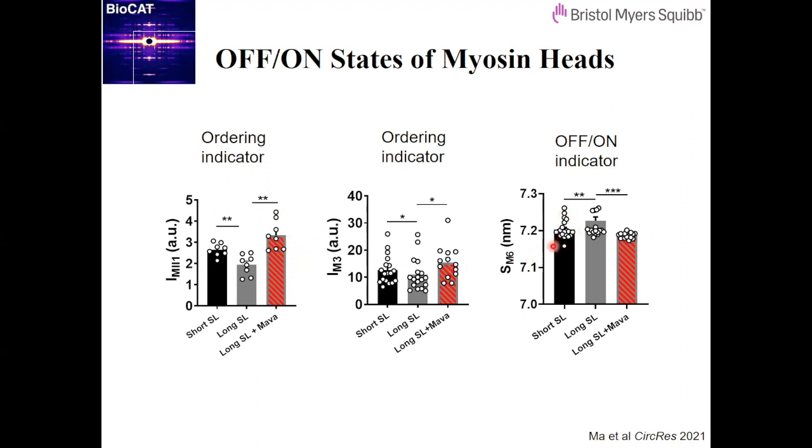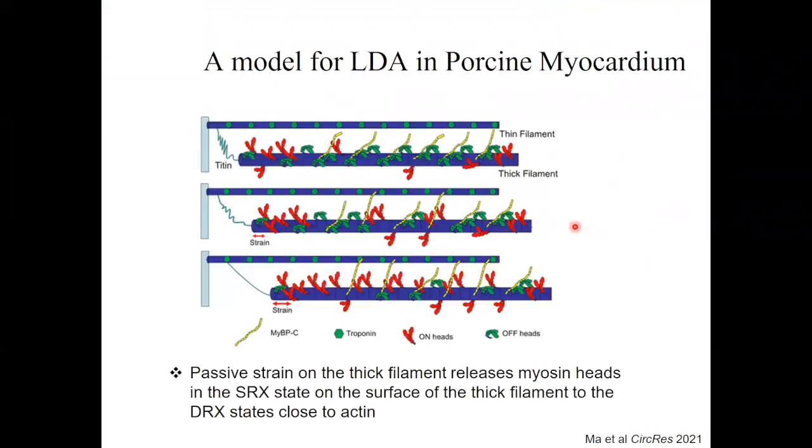Also similarly, M6 is the backbone periodicity. If you stretch it, you have a longer backbone periodicity, and with mavacamten it reverses back. It's very clear that mavacamten promotes more heads into the OFF state. So it's the opposite effect of mavacamten compared to stretch, further indicating that it's a stretch-mediated recruitment.